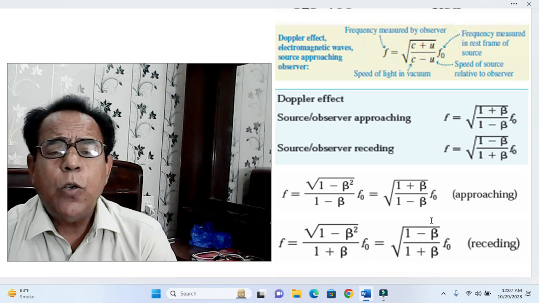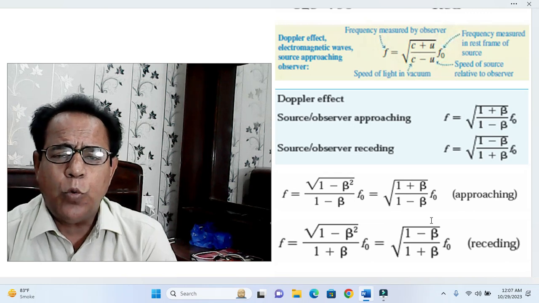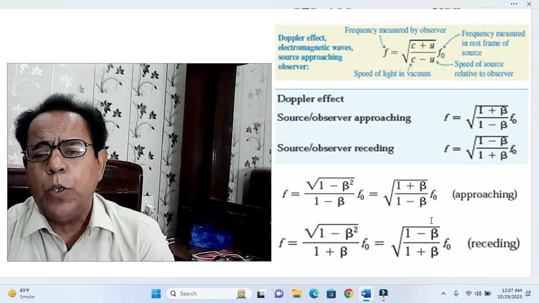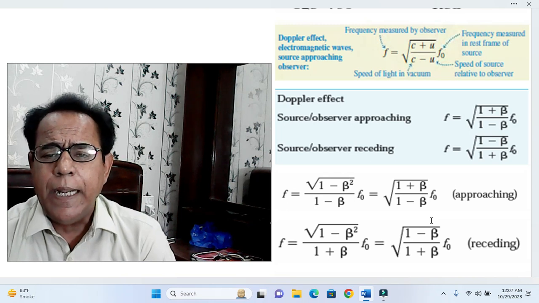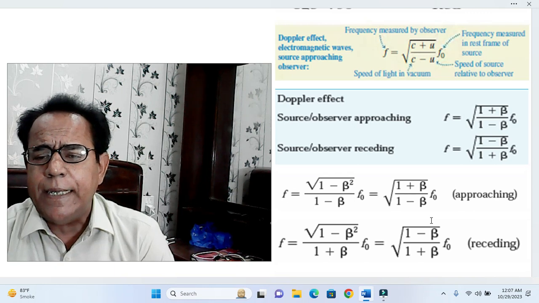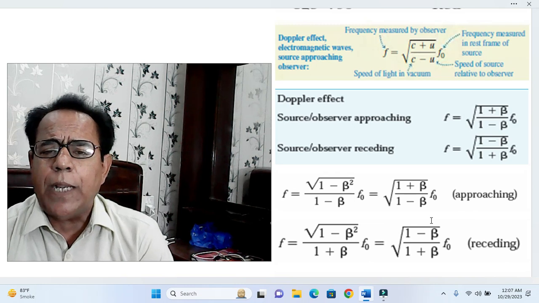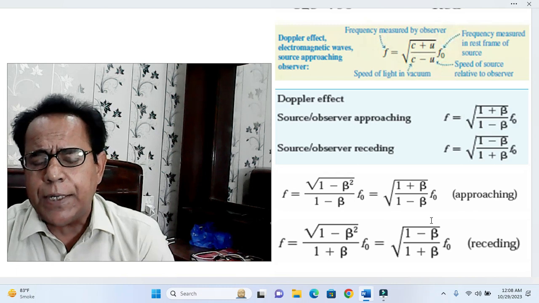Okay, Doppler effect, electromagnetic waves, source approaching observer. Okay, f is equal to under root c plus u over c minus u into f naught, where f is the frequency measured by observer and f naught is the frequency measured in rest frame of source. c is the speed of light in vacuum and u is the speed of source relative to observer.